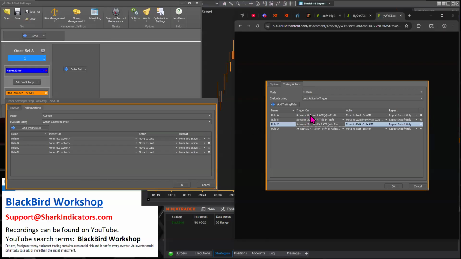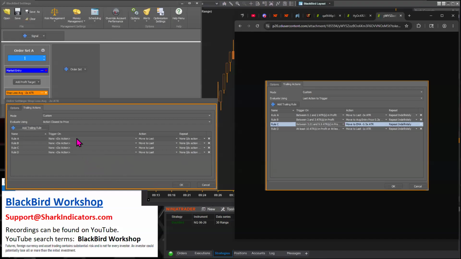Maybe somebody does actually want to wait until 0.1 is reached. What this also does effectively is, as soon as we get this 0.1 ATR in profit, the 3 ATR trailing rule can kick in immediately.